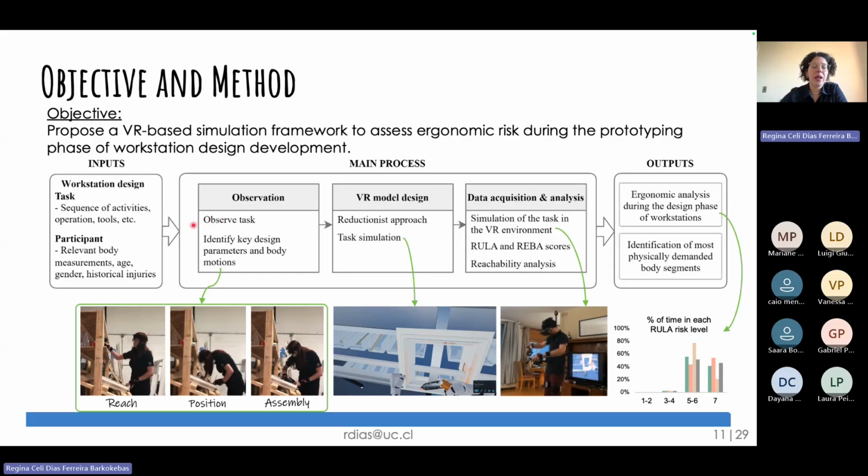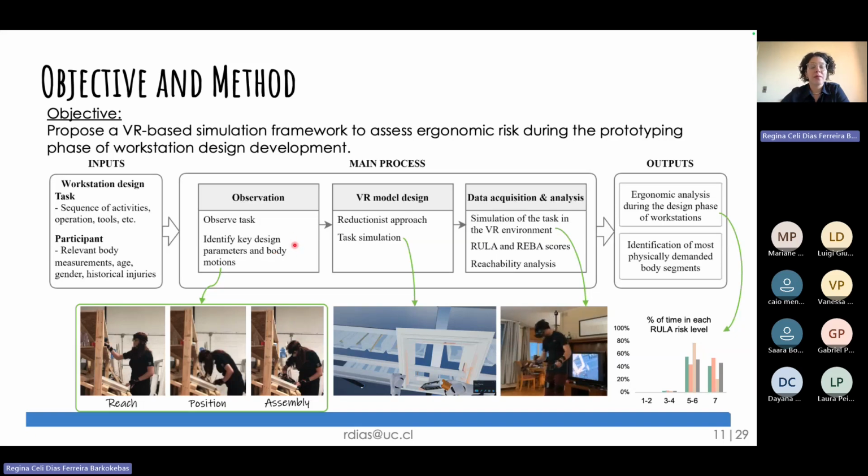So to go to the plant and check the main motions that the workers do in that workstation. And then once we verify that, we can also identify the key design parameters and, again, body motions that we need to make sure that the virtual reality is accounting for.